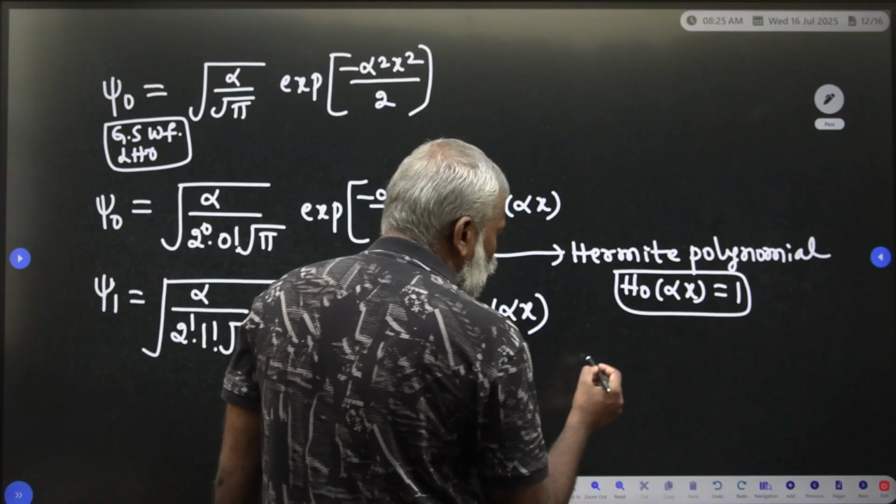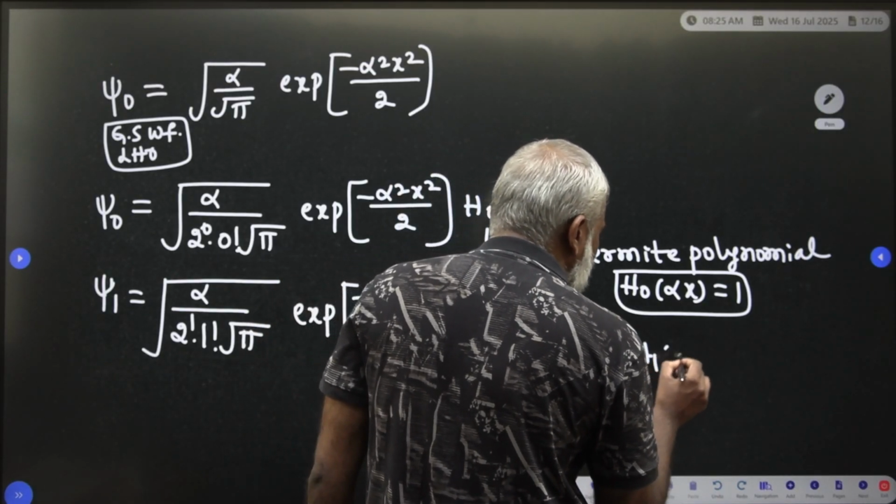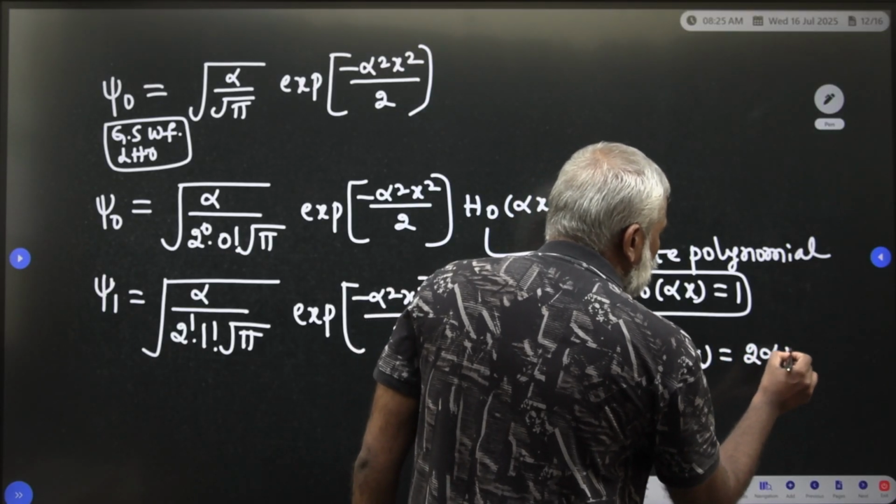So, this is also a Hermite polynomial where H1 of alpha x is equal to 2 alpha x.